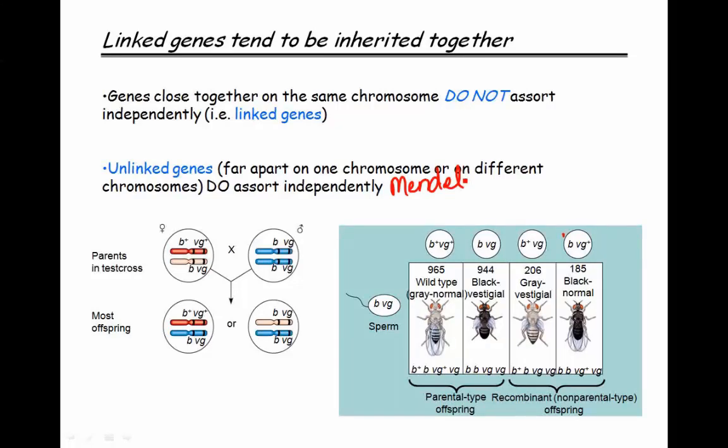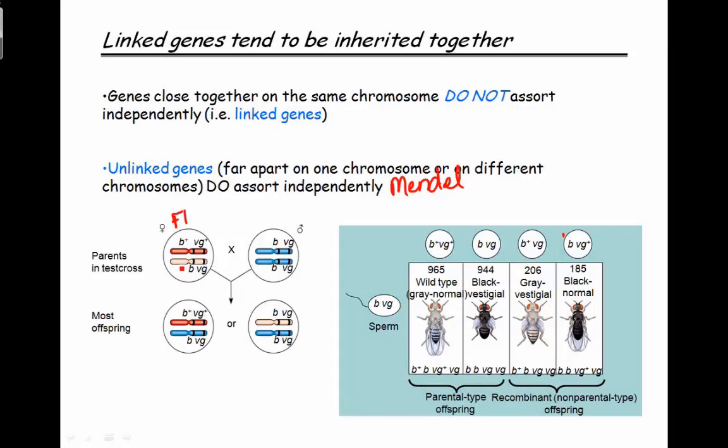Thomas Hunt Morgan, though, was not dealing with unlinked genes. If you look over here, if we now assume that this B gene and VG gene are located on the same chromosome, we would expect that this would be our F1 here. That one is going to have the B plus and the VG plus on one homologous chromosome, and then the two mutant versions will be on the other chromosome.